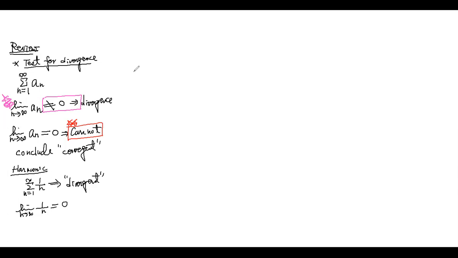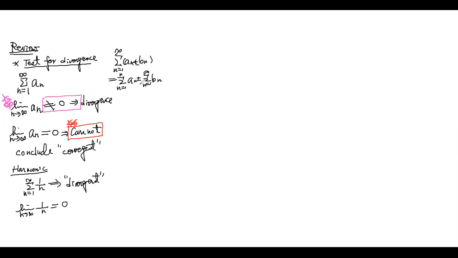Then the second concept, which we'll combine with this, is if you have two series that are both convergent. For example, if you have the sum of a_n plus or minus b_n, you can separate them into the sum of a_n plus or minus the sum of b_n. If both are convergent, then the result will be convergent.